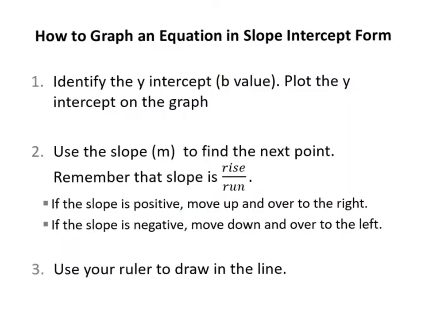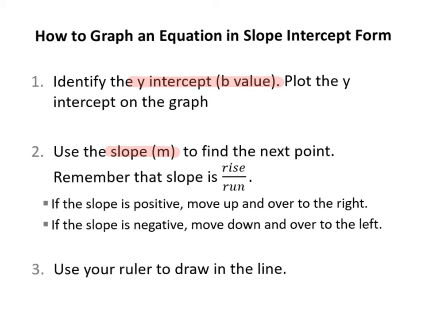Now in order to graph an equation in slope-intercept form, there are a couple of steps we have to follow. First, identify the y-intercept, or the b value, and plot the y-intercept on the graph. Then you're going to use the slope, or the value of m, to find the next point, remembering that slope is rise over run.